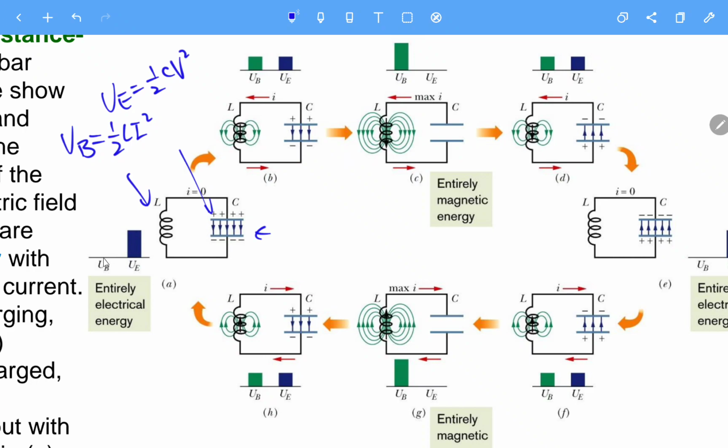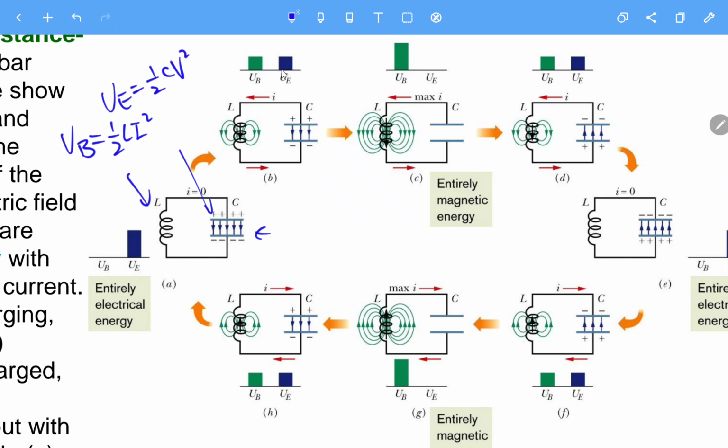UE will decrease and UB will increase, because when there is current going out, the charge here will reduce, which means the voltage will reduce, so UE will start to decrease. At the same time, UB will increase because there is current going through it.